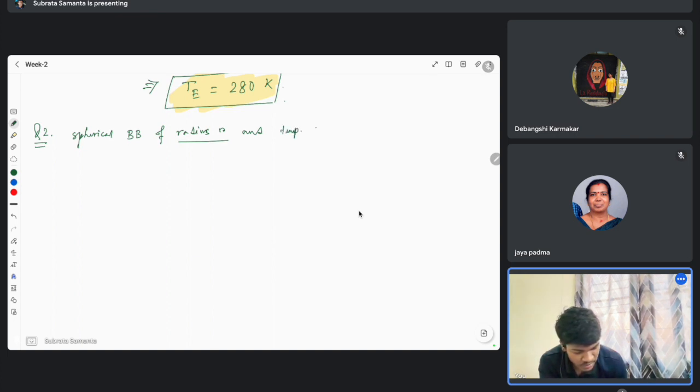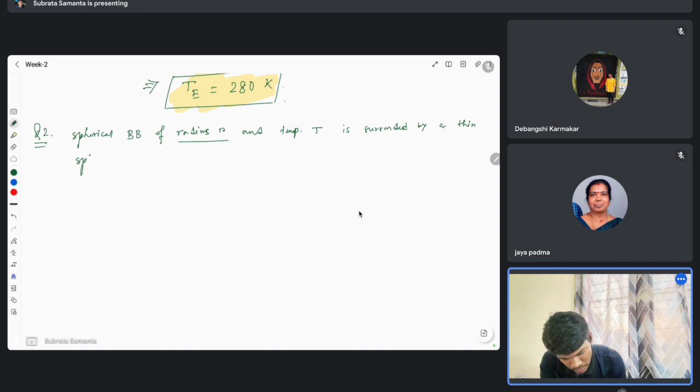It is surrounded by a spherical shell, another shell.